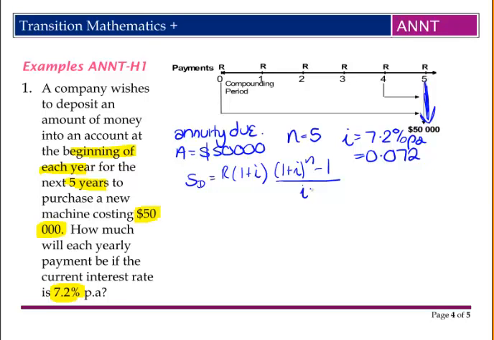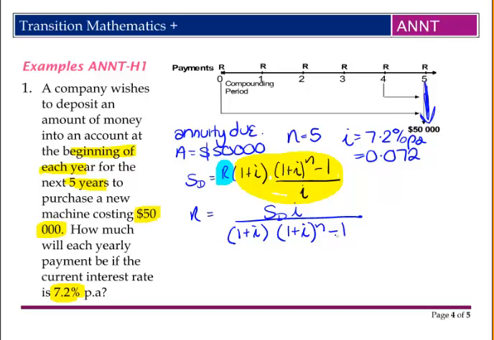So from there I need to get the R on its own. I'm going to divide the SD by all of this. The easiest way to do that is just realizing that I is going to come to the top. So R is going to be SD times I, all over (1 plus I) times bracket (1 plus I) to the N minus 1, where we have our brackets around here because we want to multiply by all of that.